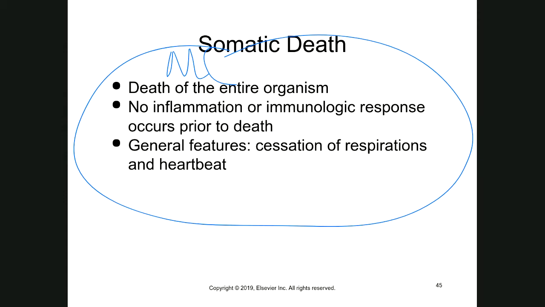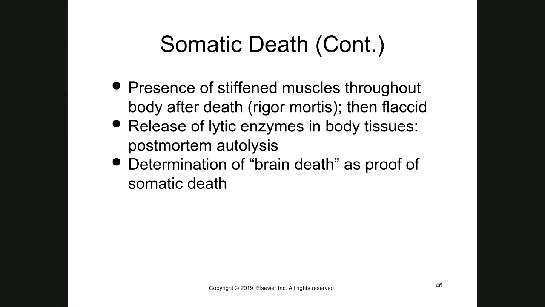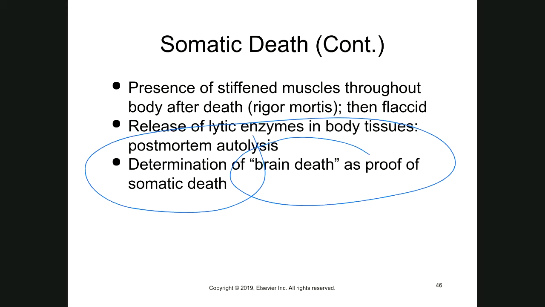General features: cessation of respiration, heartbeat, and then the next one, presence of stiffened muscle throughout the body, that we call rigor mortis, release of the lytic enzymes of the body tissues, postmortem autolysis, and determination of brain death as proof of somatic death. I want to emphasize this. Exactly. I want to emphasize this, very important.